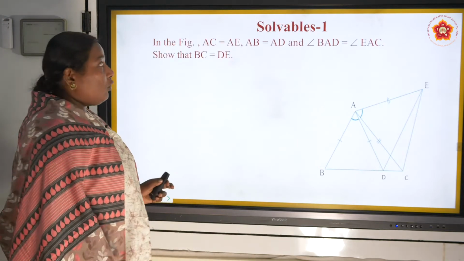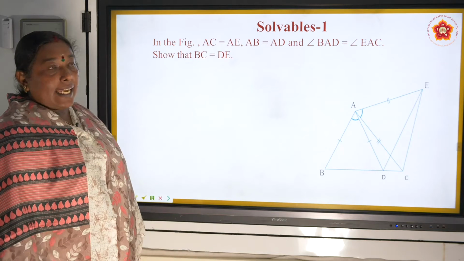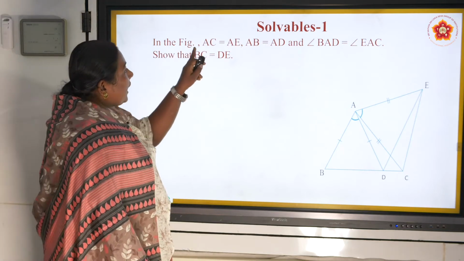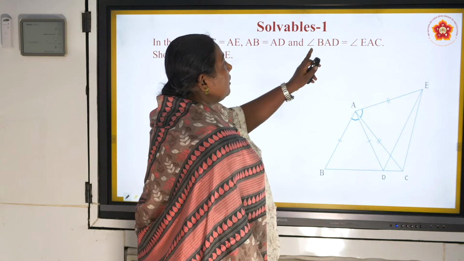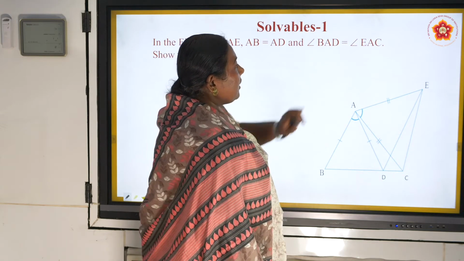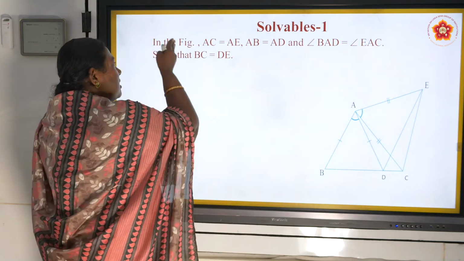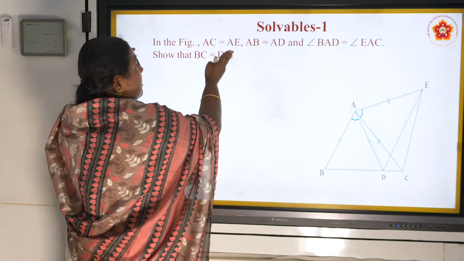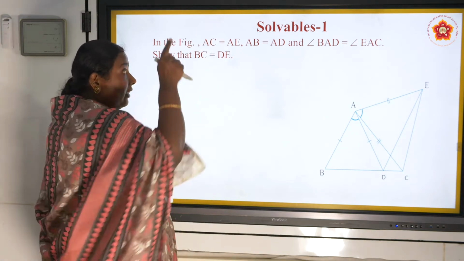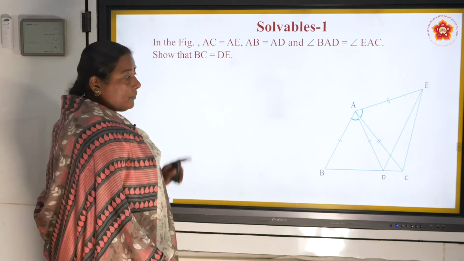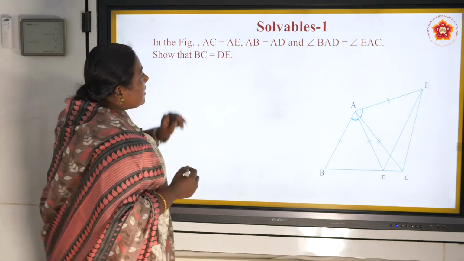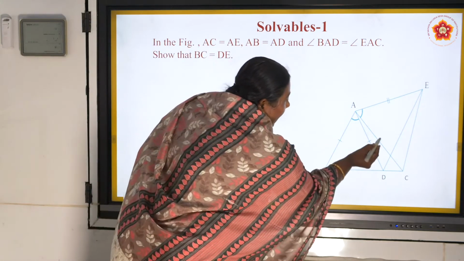Now let us see a problem on the basis of this ASA. In the figure, AC is equal to AE, AB is equal to AD, and angle BAD is equal to angle EAC. Only seeing this, you won't understand. So whenever you are studying the question, compare the question with the diagram. Now let us see. AC is equal to AE.